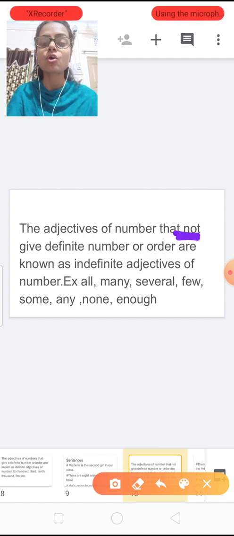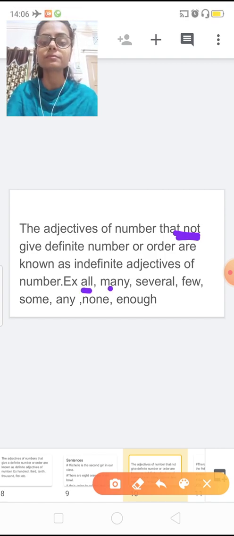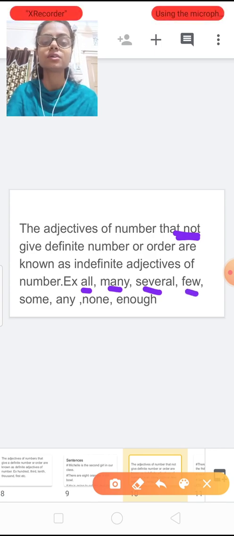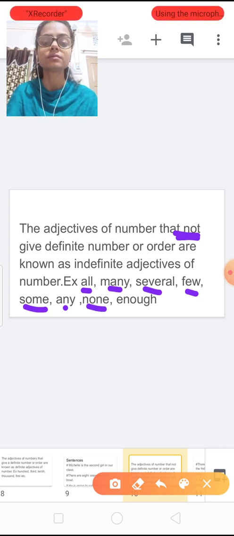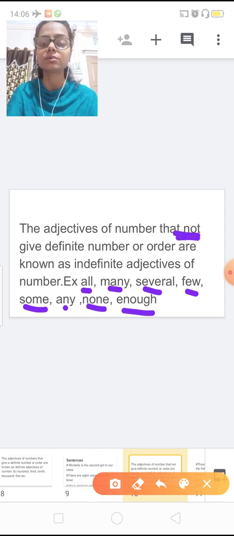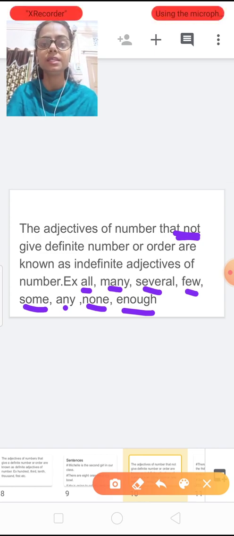Examples: all, many, several, few, some, any, none, enough. Again I am saying, examples: all, many, several, few, some, any, none, enough.